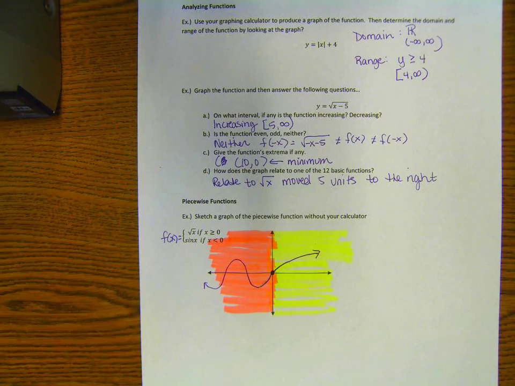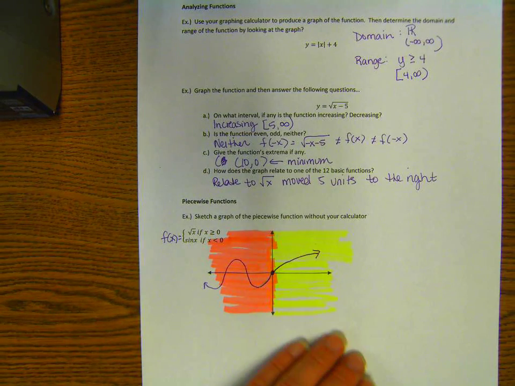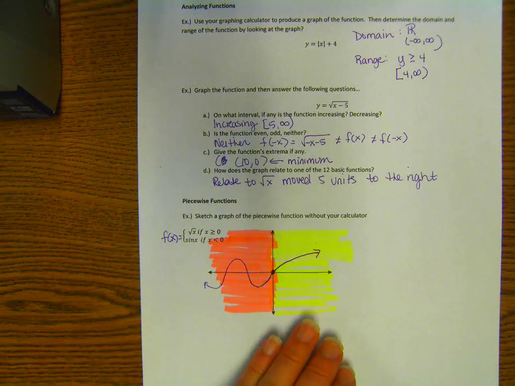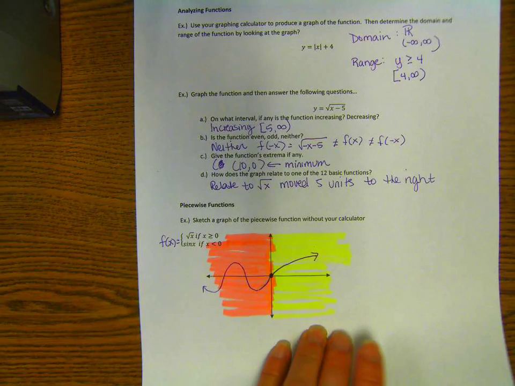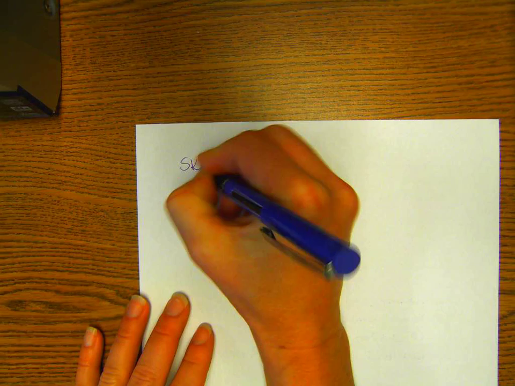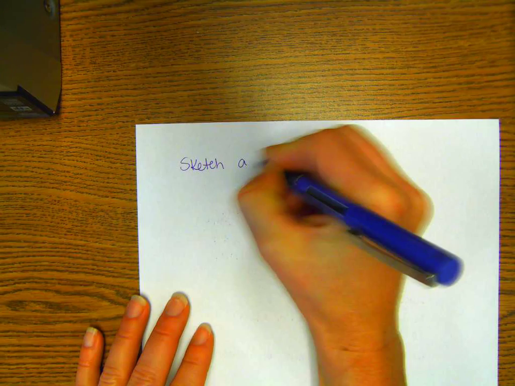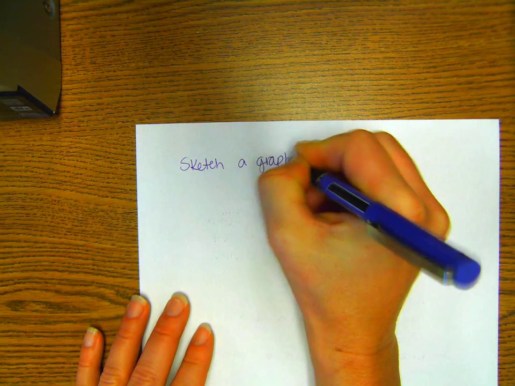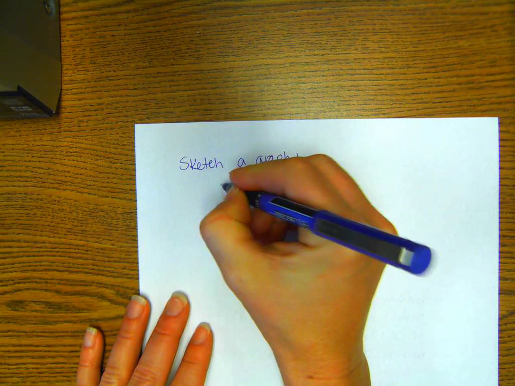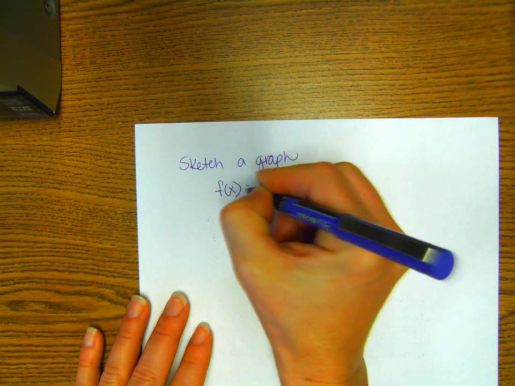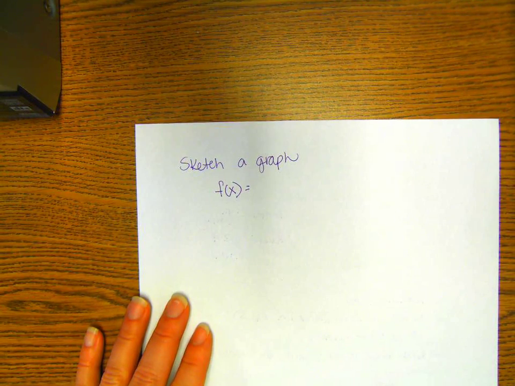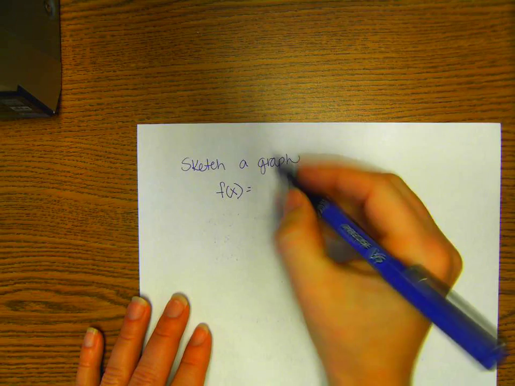Maybe let's do a piecewise function that doesn't meet at 0, 0 so you can see what I mean by that. So let's sketch a graph of, let's say, f of x equals, I'm trying to think of one.